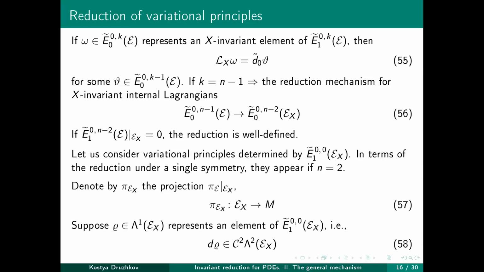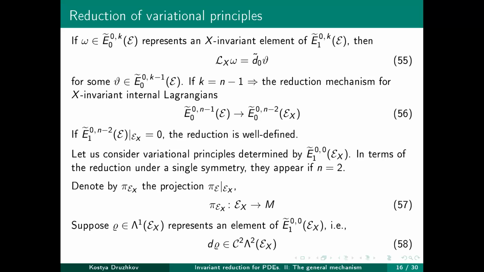So it was not invariant under the second symmetry on the equation epsilon, but it becomes invariant under the second symmetry on the reduced system. And then we can perform the second step of the reduction. So even if our symmetry algebra is two-dimensional and is solvable, we still sometimes can perform the second step, but we need to check that the geometric structure under reduction is not invariant under the entire algebra.